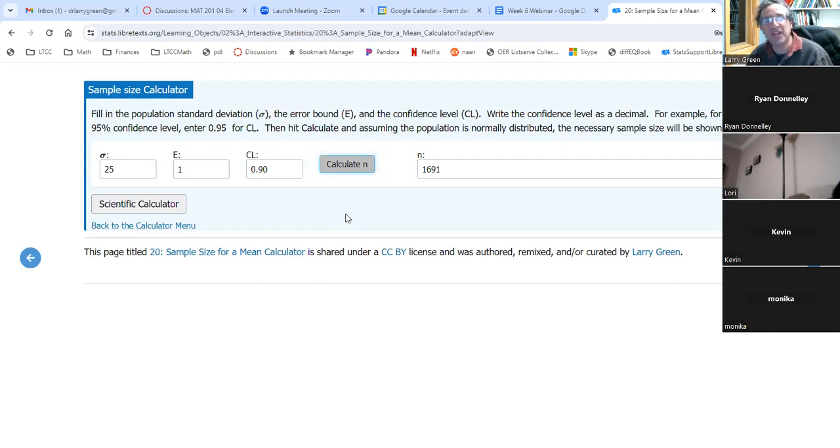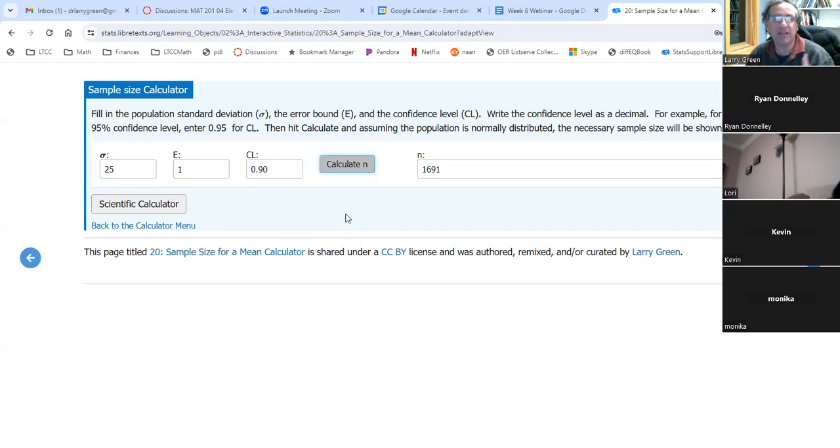I do want you to understand how things are going to change, not necessarily formula-wise, but if the margin of error goes up, then the sample size needed goes down. Do you see that? If the confidence level goes down, then the sample size needed goes down. So I do want you to understand those pieces.